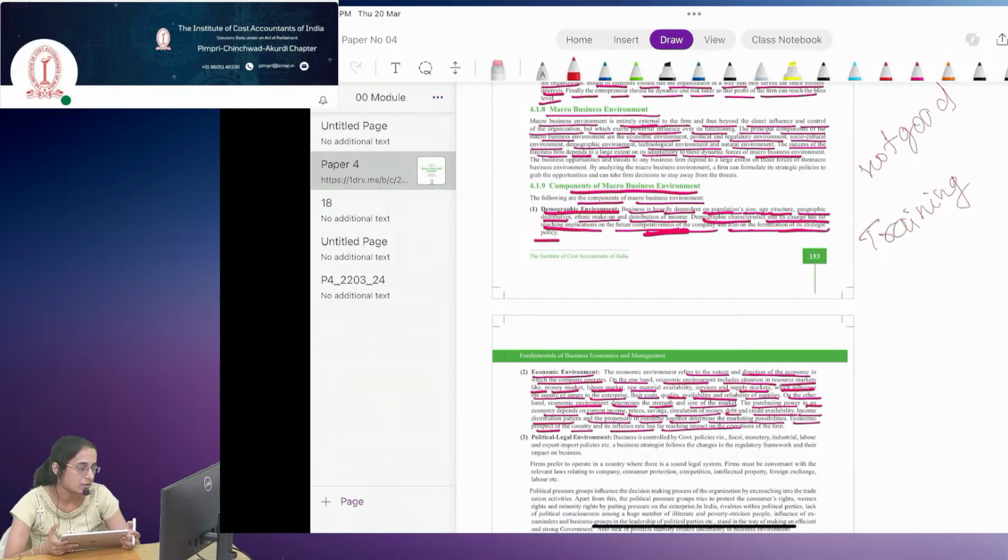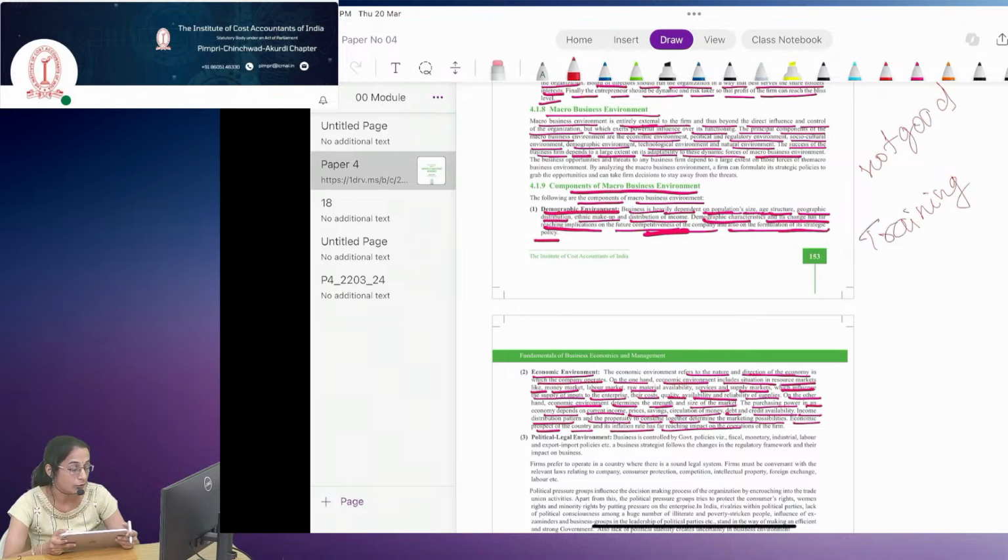These are external, beyond the control. Macro factors are beyond the control, like government policies, government regulations, political factors, legal factors. The organization cannot control these macro factors, so they are external factors. Thus, they are beyond the direct influence and control of the organization, but exert powerful influence over its function.